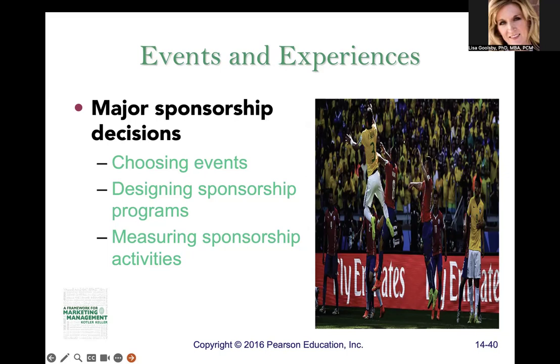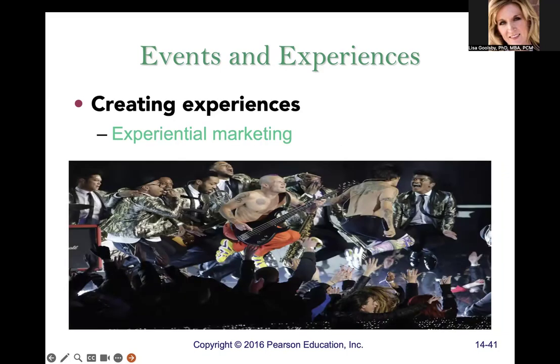Because you want to be able to measure and make sure that they have brand recall, that they have positive reference points about your brand, that they are taking home that sponsorship that you did as brand equity, understanding the story and being able to relate and have good feelings and emotions about the brand. You want to create experiences where possible for brands, particularly when you're launching a product. You want to have those good experiences so they have those good memories and recall about your product.